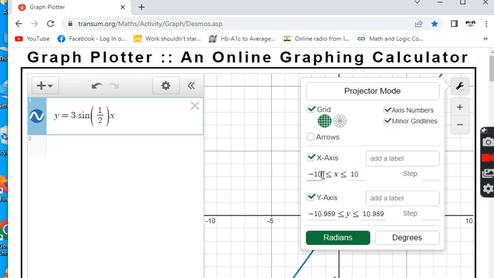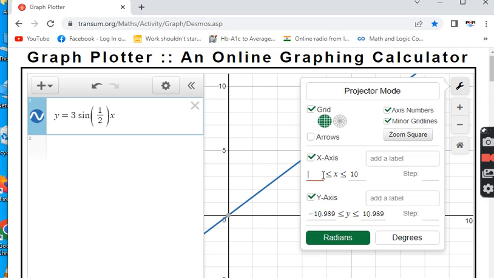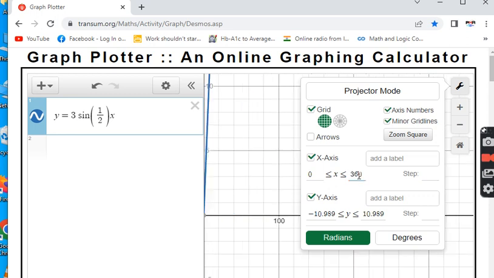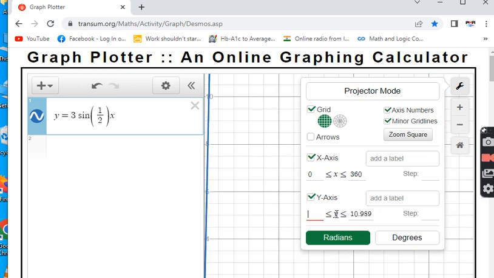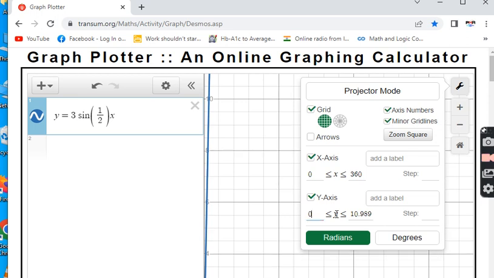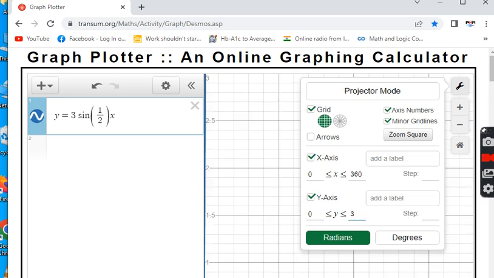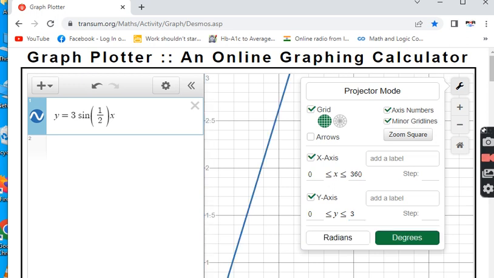The range is from 0 to 360 degrees. The minimum value of y is 0 and the maximum value is 3, and we are dealing in degrees function.